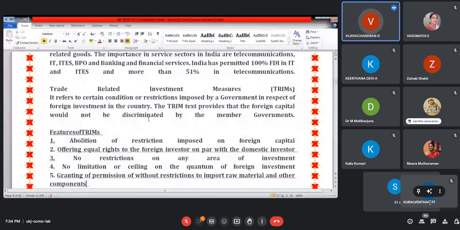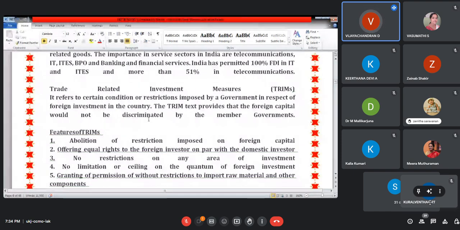If there is any restriction on foreign investment, that will be sorted out by TRIMS. As the name suggests, they will take measures on foreign investment. So trade related investment will be monitored by this organization. This also comes under WTO, TRIMS, trade related investment measures.